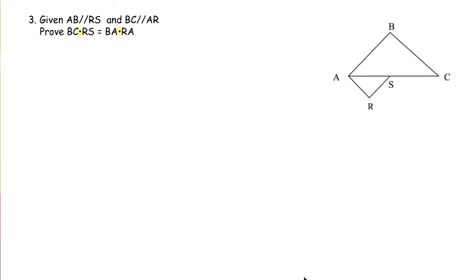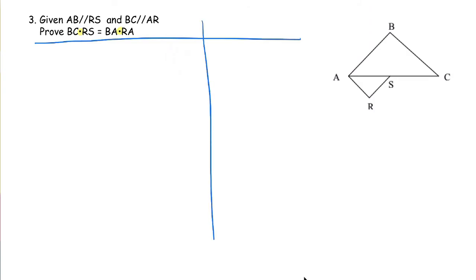In the given was two sets of parallel lines. So we're going to be using parallel lines again. So we have AB parallel to RS, and we have BC parallel to AR. And this was given.